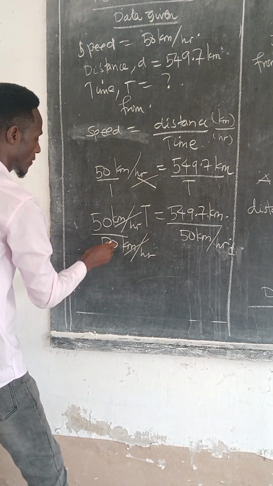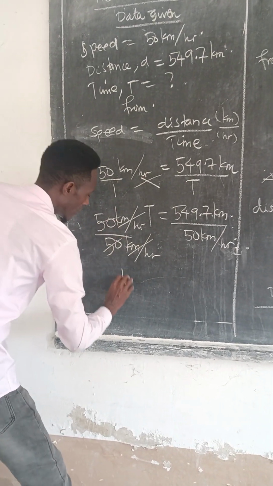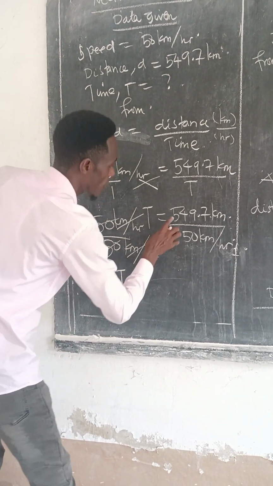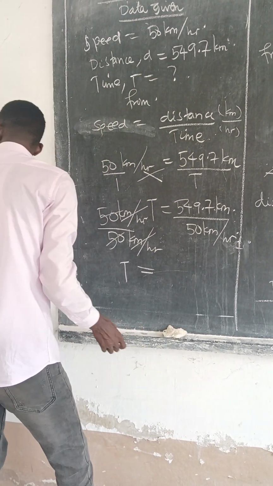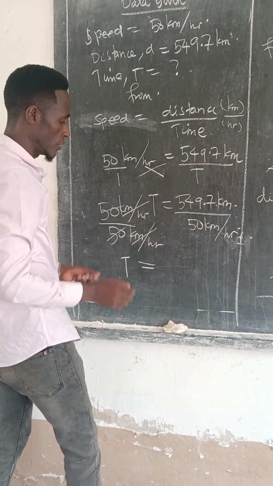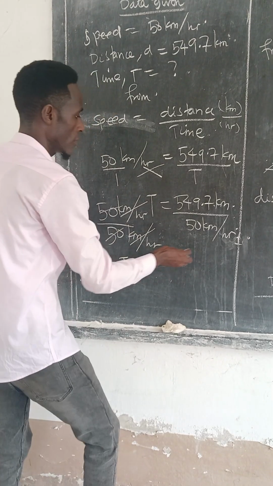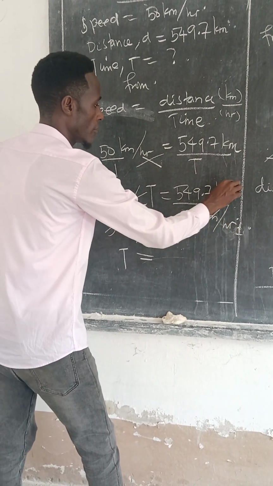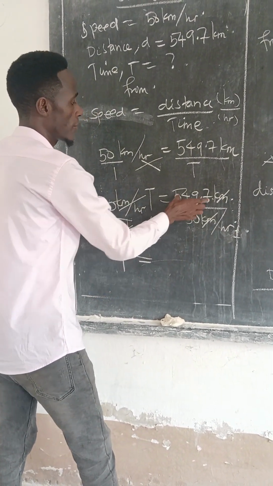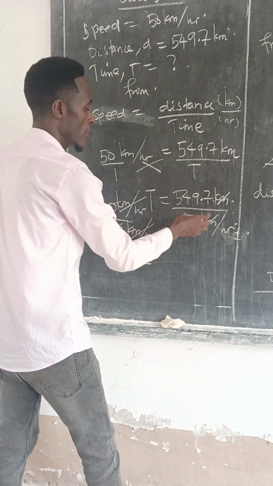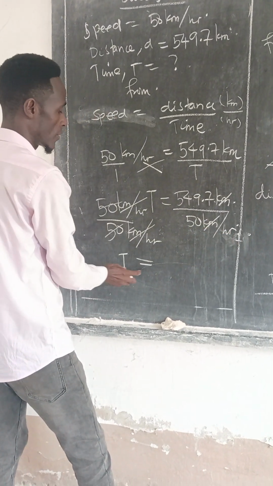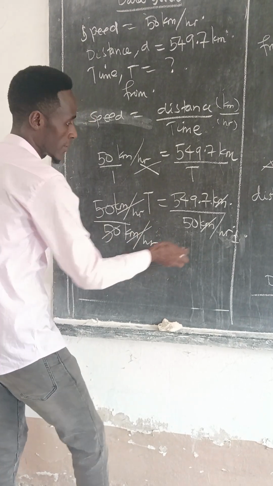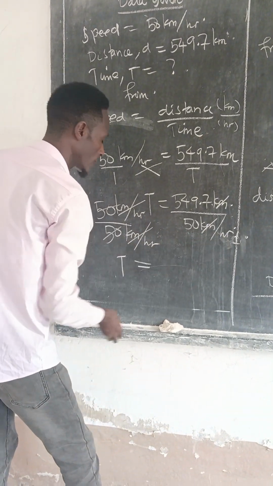You cancel out the 50 and 50, and the kilometers cancel out. It remains with t equal to, when you divide simply, the answer in time in SI unit.